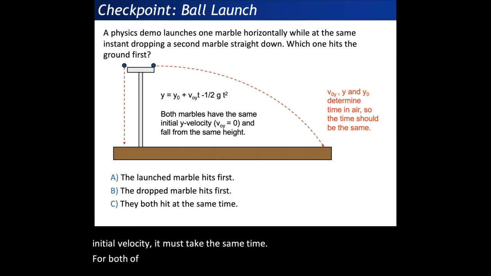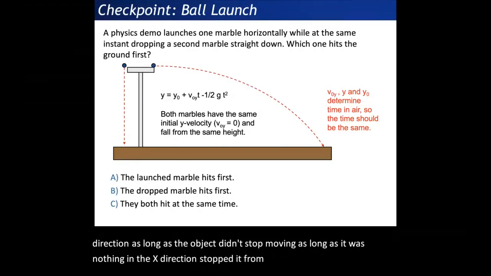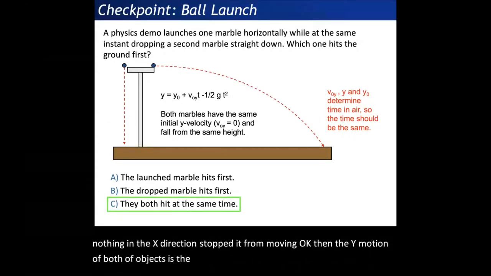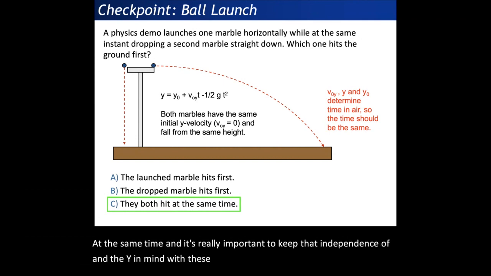It doesn't matter what was happening in the x direction, as long as nothing in the x direction stopped the object from moving. Then the y motion of both objects is the same, and they will both hit at the same time. It's really important to keep that independence of x and y in mind with these problems.